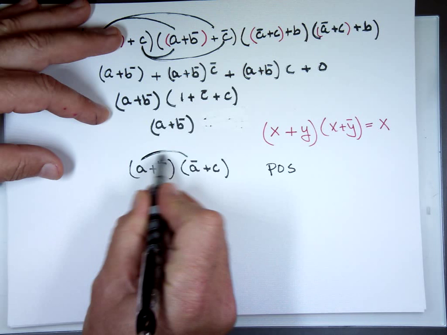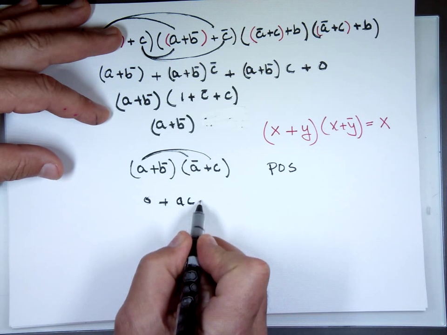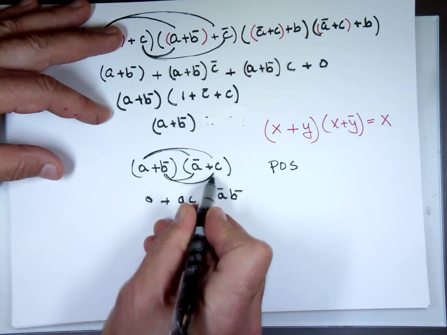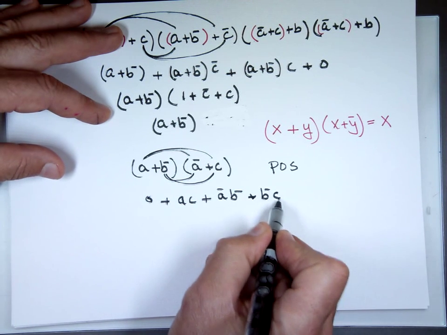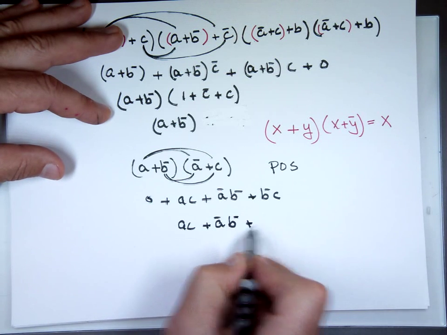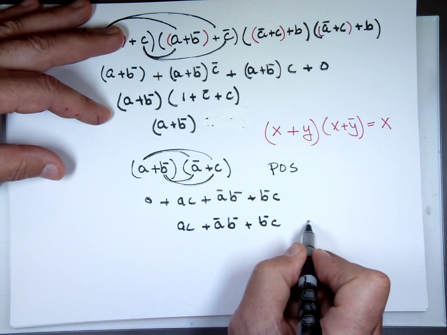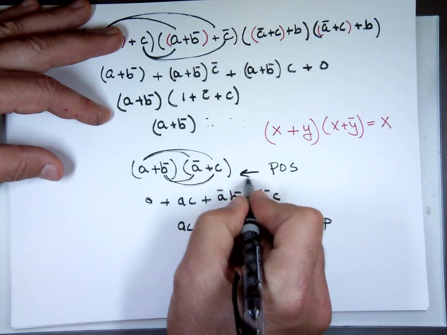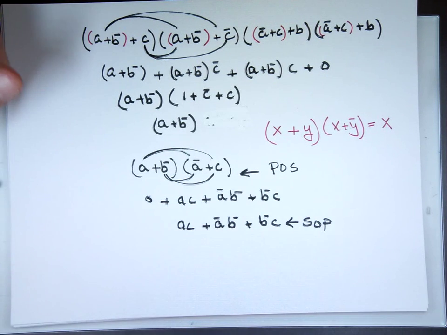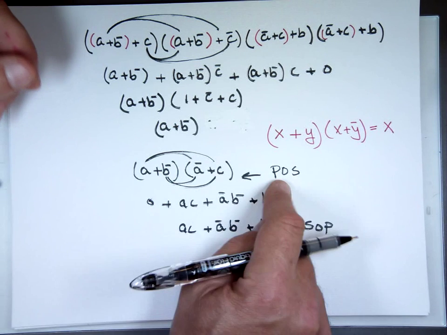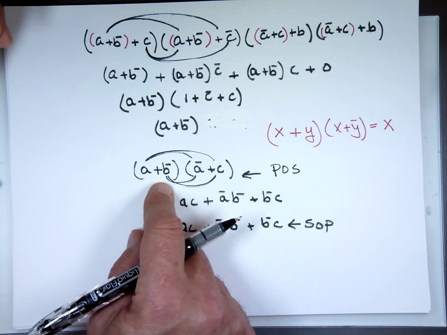AC, A bar B bar, B bar C. So that would be AC plus A bar B bar plus B bar C. And this is sum of product. This is product of sum. Usually when they have product of sum, they're probably going to ask for the answer as a product of sums. If they want it like this, stop right here.